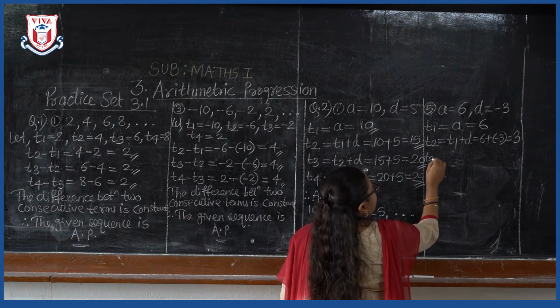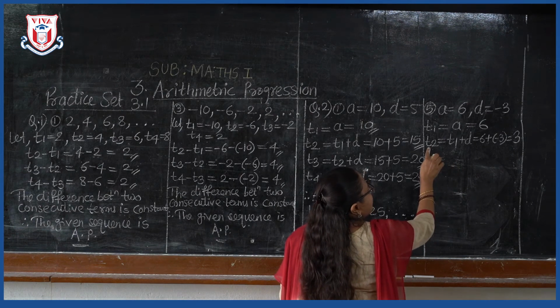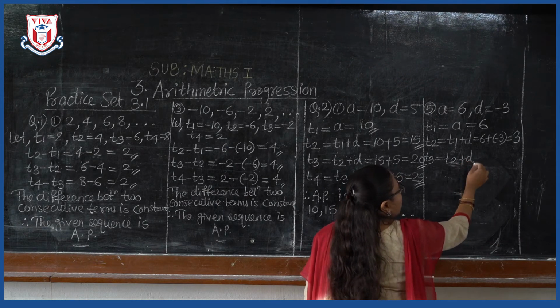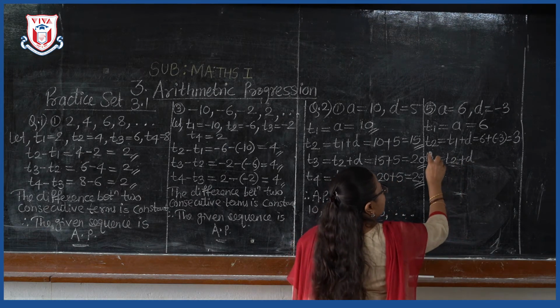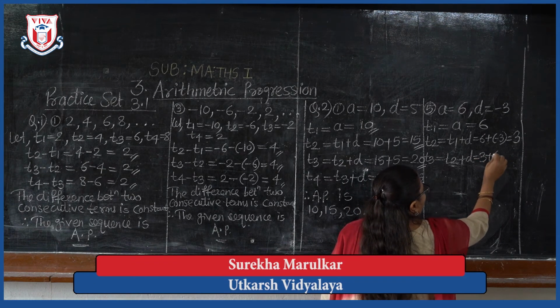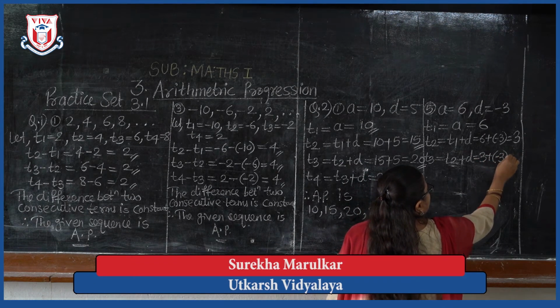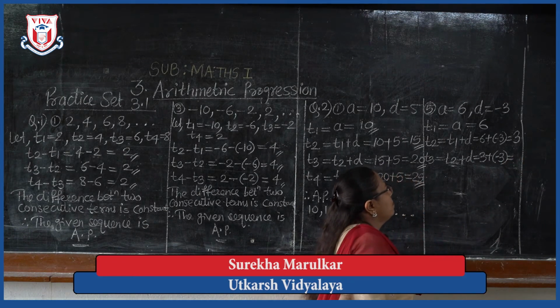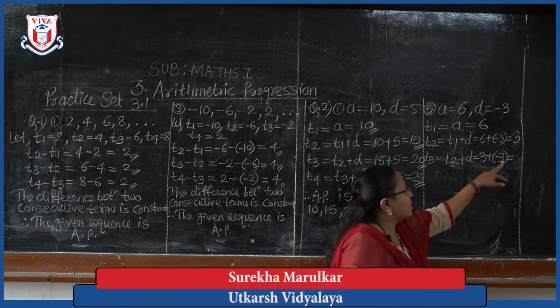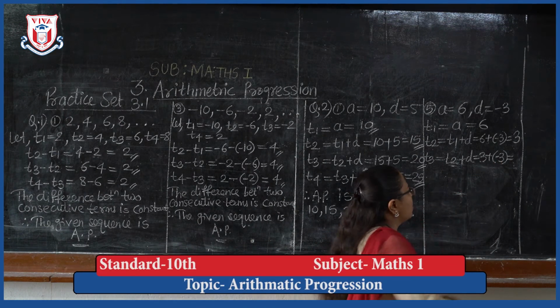Then third term T3. Previous term is T2. In that we have to add common difference D. T2 we got 3 plus common difference is minus 3. Plus into minus, minus. So 3 minus 3 we will get 0.